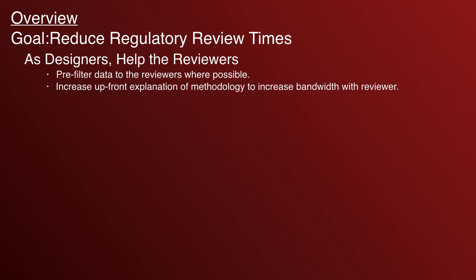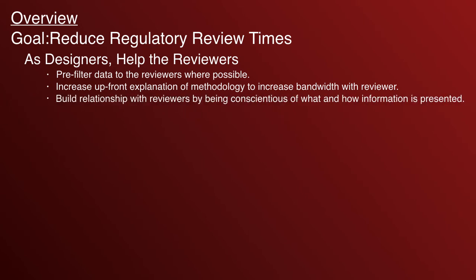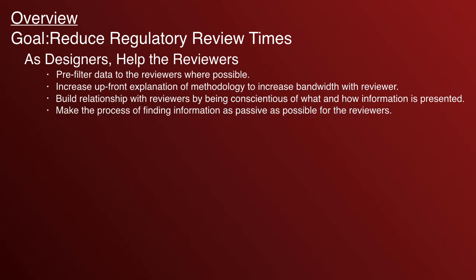We're going to increase our upfront explanation of methodology to increase the bandwidth with the reviewer. We're going to build a relationship with the reviewer by being conscientious of what and how information is presented. We're going to make the process of finding information as passive as possible for the reviewers. And finally, we're going to begin to optimize the process of presenting the data in-house.